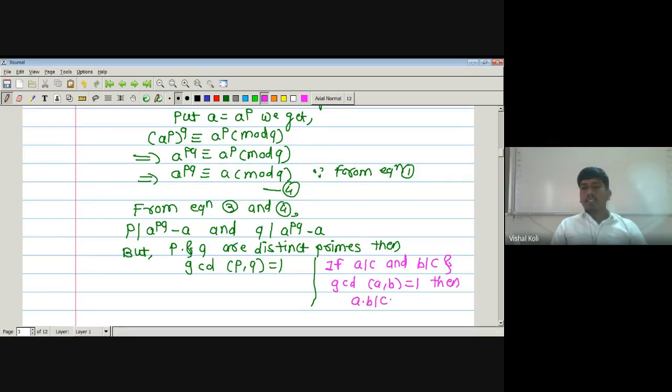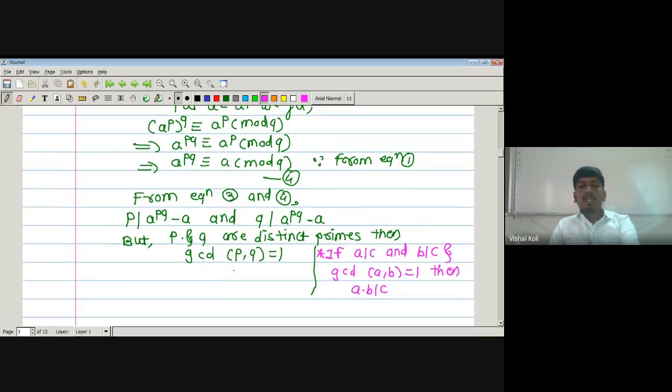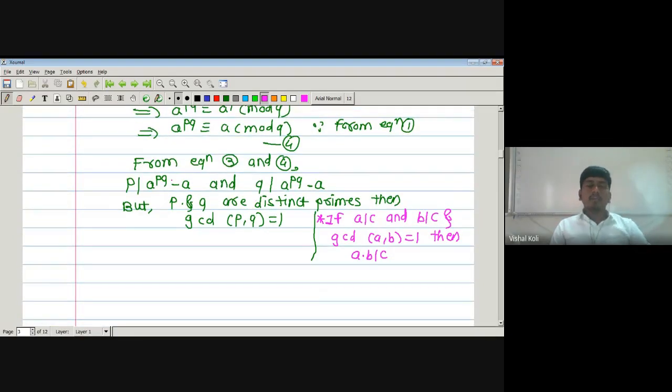Now from this result, p divides a to the power pq minus a, and q divides a to the power pq minus a, where GCD of p and q is equal to 1. Then p times q must divide this term, which implies pq divides a to the power pq minus a.